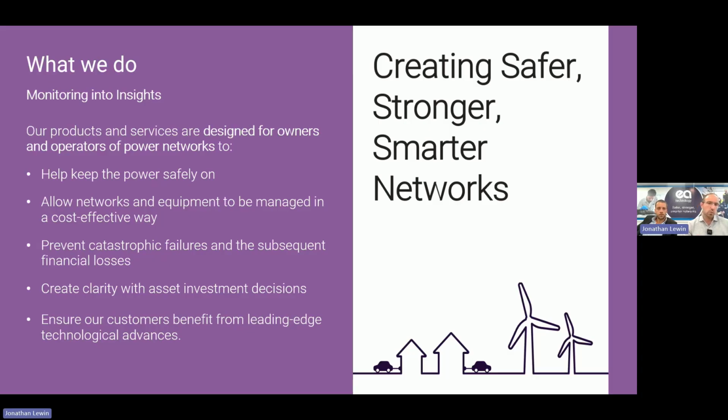A lot of what we do in the condition world is to prevent catastrophic failures and any financial losses associated with that, and to create clarity around asset investment decisions and provide that information to our client base.